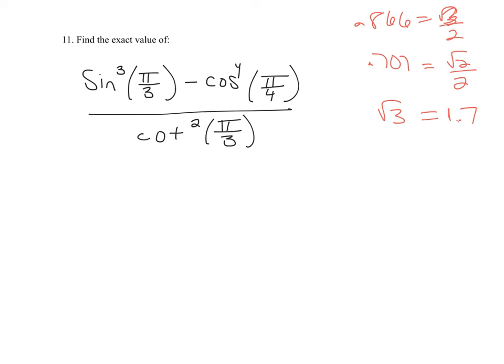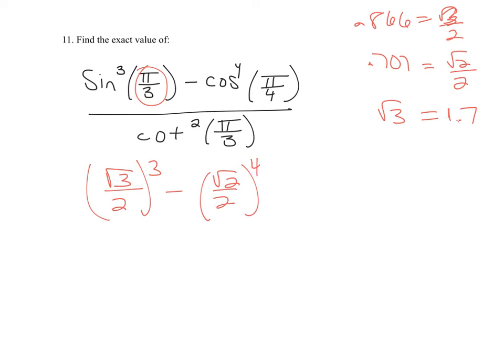Now, for the first part, what you want to do is find sine of pi over 3. Sine of pi over 3 is just radical 3 over 2, and you're going to cube that, minus cos to the fourth of pi over 4. Find cosine of pi over 4. That's just radical 2 over 2 to the fourth. Now cotangent is really 1 over tangent of pi over 3, squared.